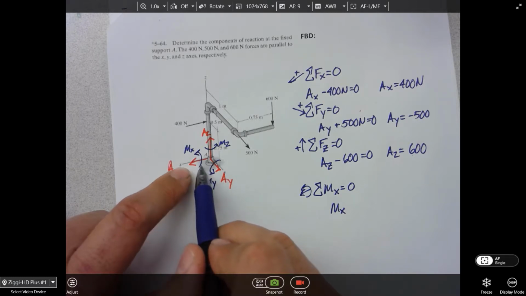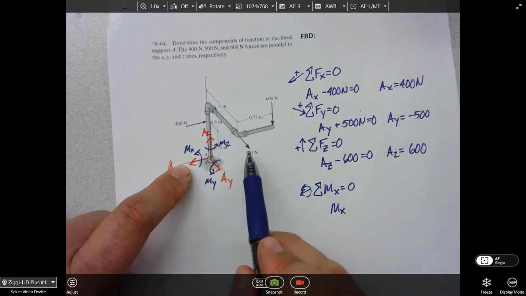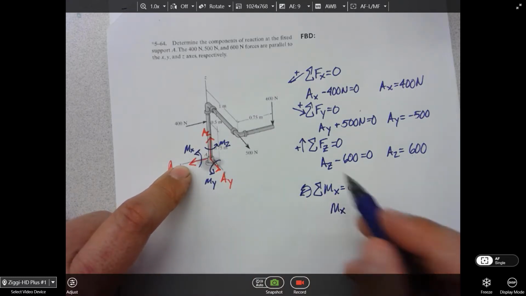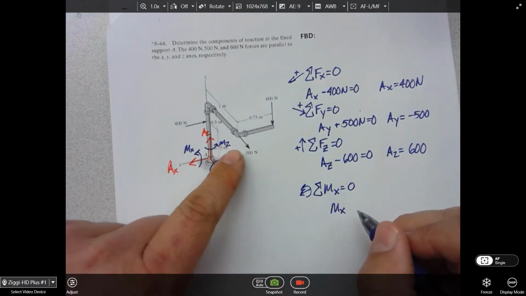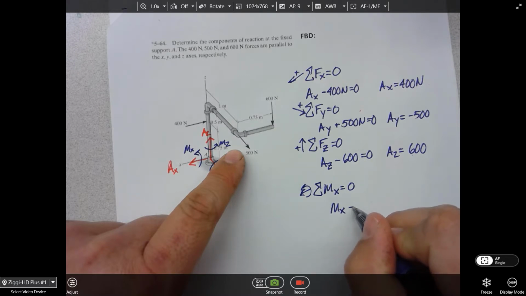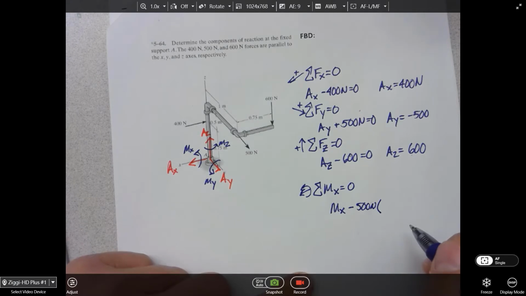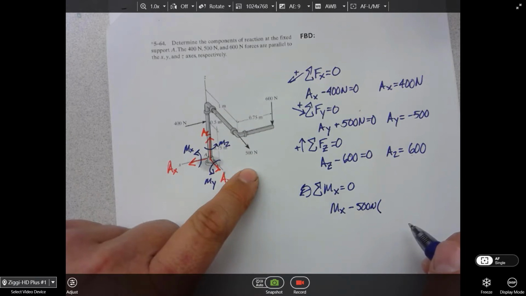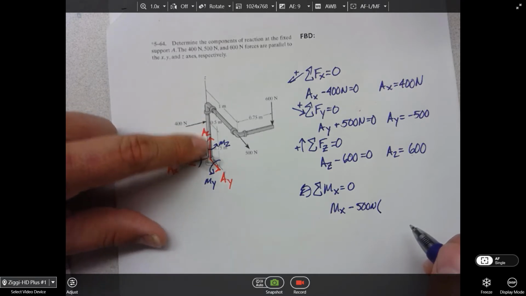What else causes a moment about the x-axis? Does the 400 newtons? No. Does the 500? Does the 600? Okay. So the 500 does. So is it positive or negative? No, negative. It's negative 500 newtons times what's the lever arm going to be? Is it 1 meter? It's 1.25.